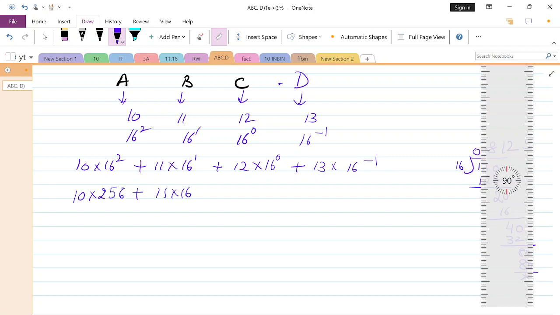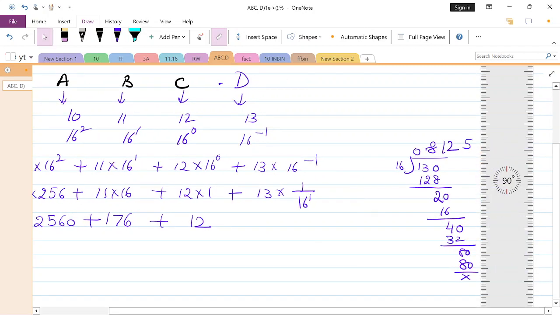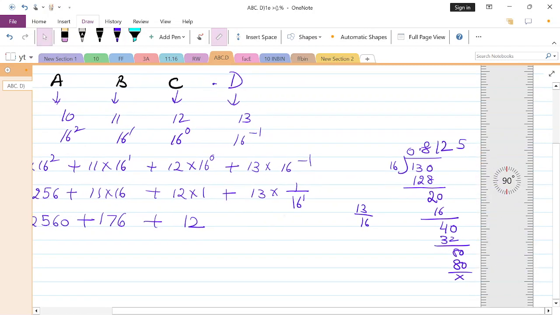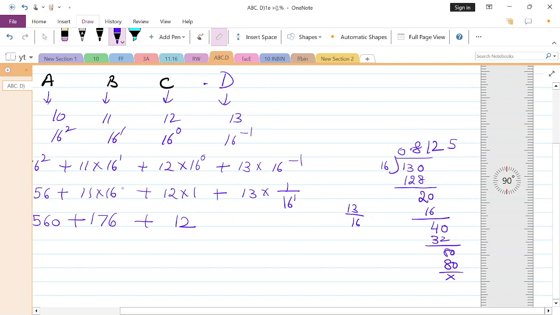So this becomes 10 into 16 into 16, plus 11 into 16, plus 12 into 1, plus 13 into 1 by 16 to the power of 1, that is 13 by 16. So this becomes 2560 plus 11 into 16 will give me 176, plus 12 into 1 is 12. Now 13 into 16, that will become 13 divided by 16. I've already done that little rough work over here to save time.